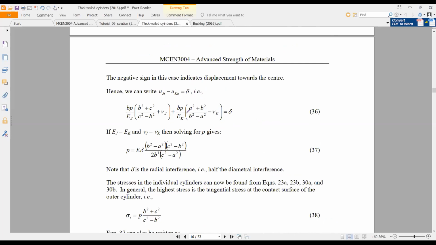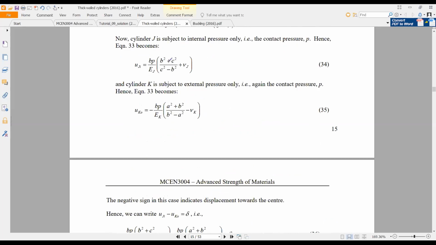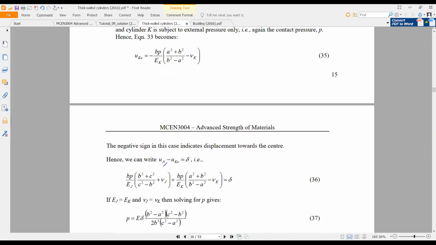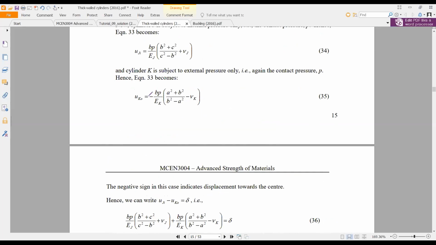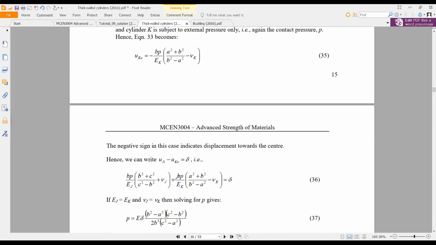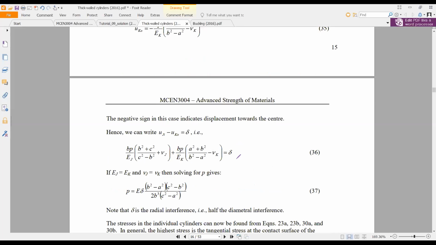So then what you need to do, you have two equations, you get the difference between these two. When you take the difference, here is minus, that's why here is plus. So it is equal to delta. And as I told you, if you make those two cylinders from the same material, then EJ and EK are equal and nu J and nu K are equal. So you can simplify those things.